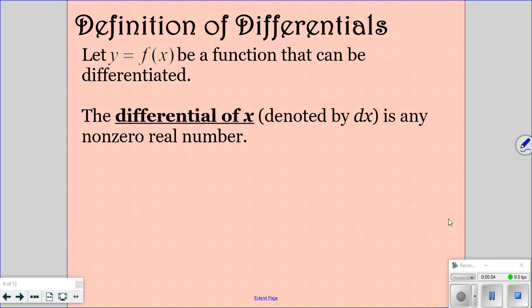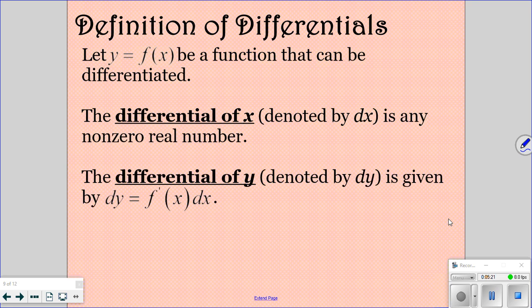So the differential of x is denoted as dx, and it can be any non-zero real number. The differential of y, denoted by dy, is given by dy equals f prime of x dx.